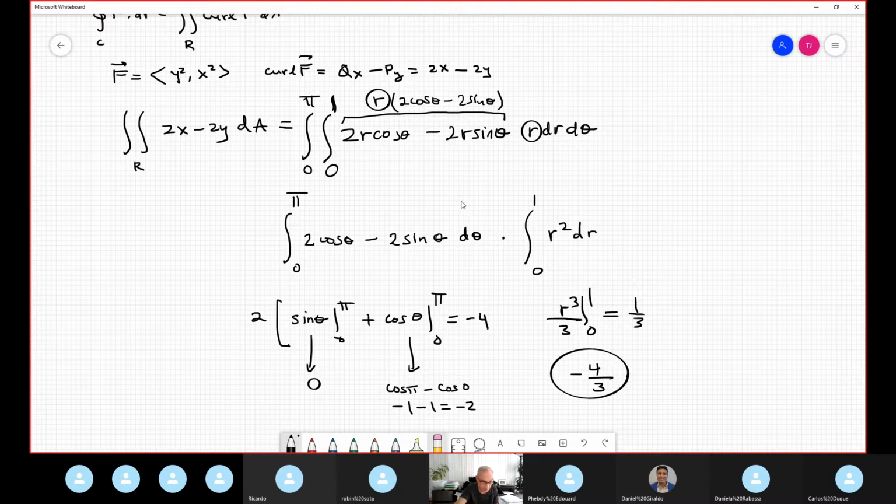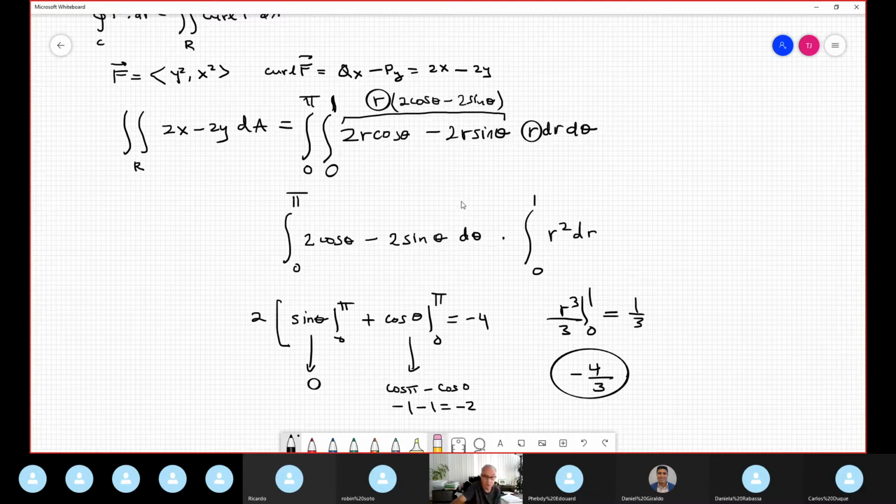Let me check it, because in my paper, cosine pi is -1, minus cosine 0, which is positive, is -2. And -2 times 2 is -4. And -4 times the positive 1/3 is -4/3.